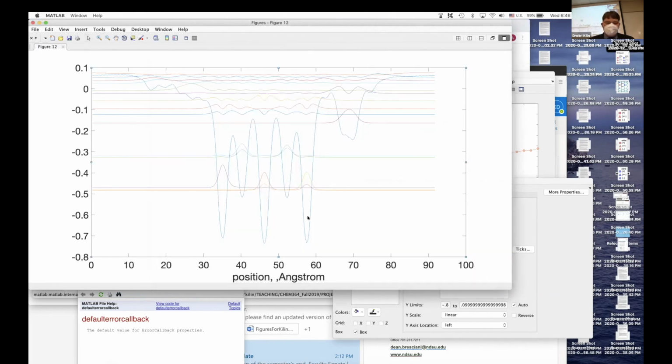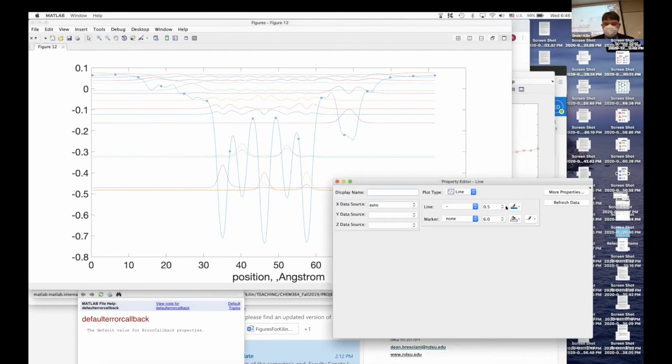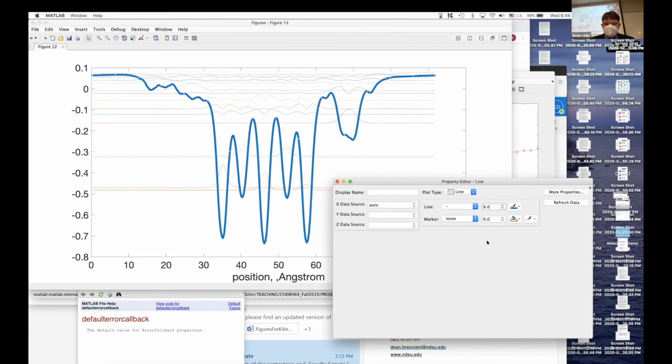And some of you may want, more for publication, to increase the thickness of the line. So if one clicks on the line, one can make it thicker, and then it appears more noticeable.